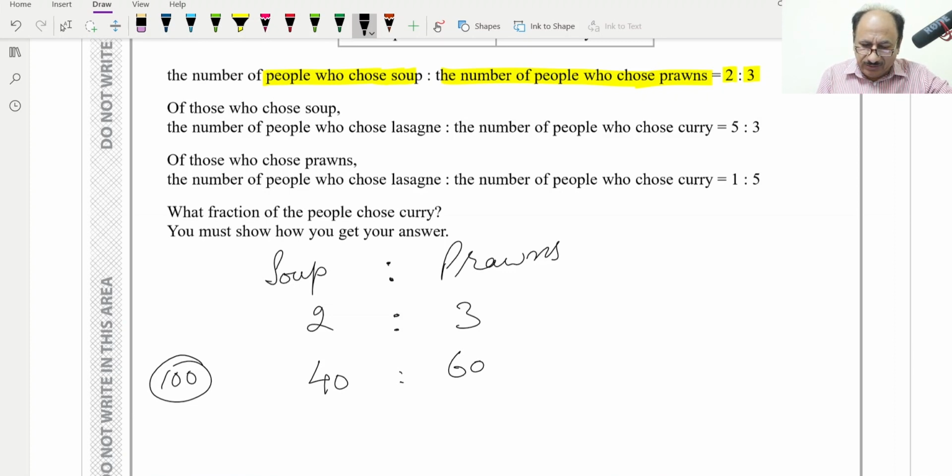So this is the ratio, the same ratio we have converted into 40 and 60. Then of those who choose soup, the number of people who choose lamb, again the ratio to the number of people who choose curry is 5:3.